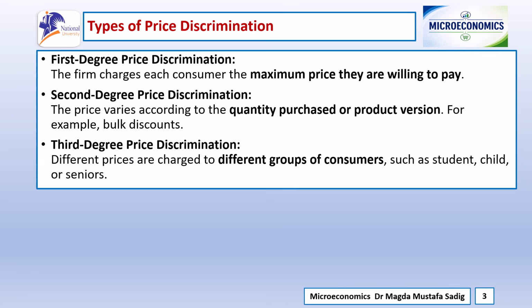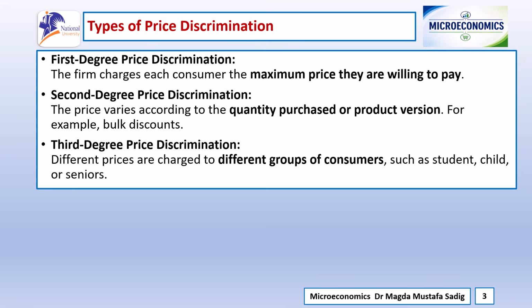The firm separates consumers into identifiable groups and charges different prices to those groups. Therefore, the central idea is not that every individual receives a separate price. Instead, consumers are divided into groups, and different groups face different prices.